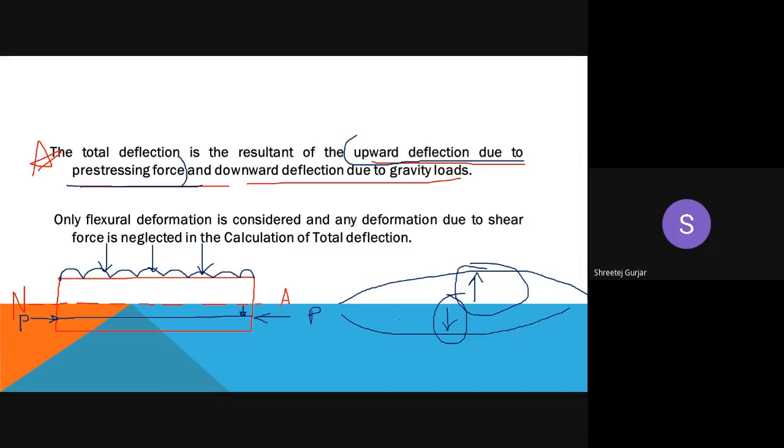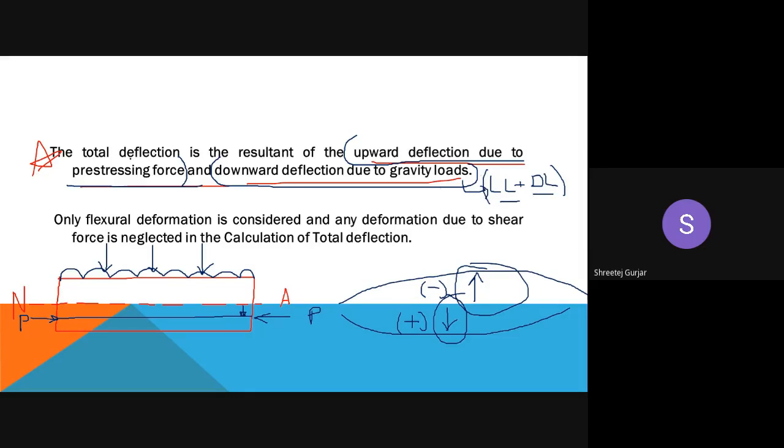As I've told you, downward deflection we consider as positive, and upward deflection we consider as negative. So that is what is mentioned over here, downward deflection due to gravity loads. Gravity loads include your live load as well as your dead load.